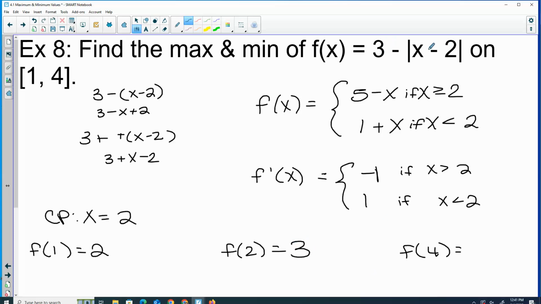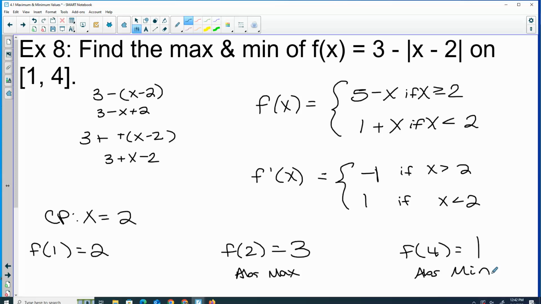Put in a 4, 4 minus 2 is 2, 3 minus 2 is 1. So what is my max? 3. And my min? 1. Are these absolute? Yes, these are absolutes, because this strategy doesn't necessarily give us the locals.